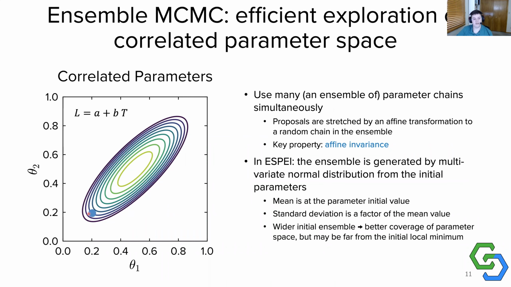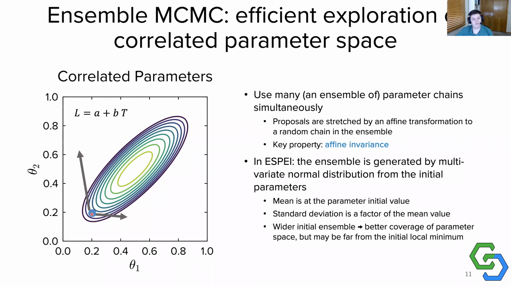For example, if we started at this blue point here and took a random step in the parameter space like you would in traditional Markov chain Monte Carlo, you might take a step out that way or a step out that way, but both of those would have a very low probability of being accepted.